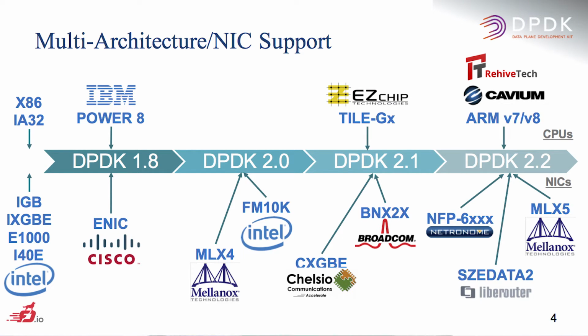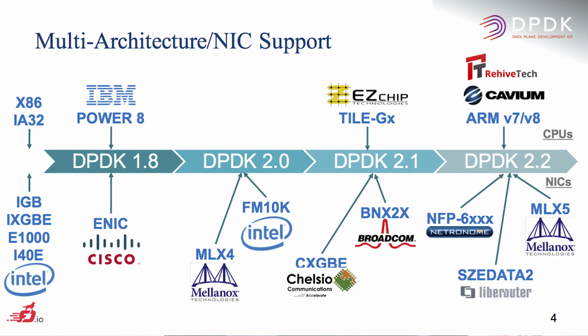DPDK started with Intel in mind, it was originated by Intel, right? And it was initially implemented for Intel CPUs and Intel NICs. Nowadays, it's actually multi-CPU architecture, and it also provides support for NICs from different vendors. Here is a quick roadmap of DPDK releases and how we added support for different CPU architectures and different NICs along the way.